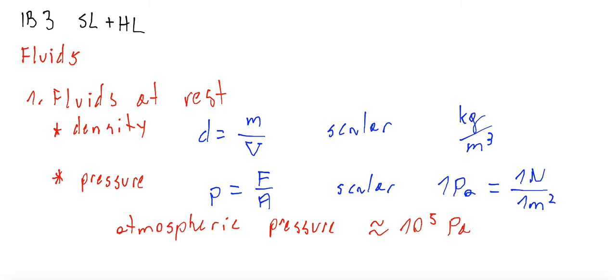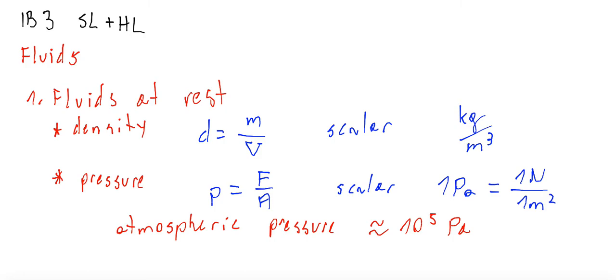Okay, and it's related with existence of the atmosphere. So particles of air are attracted by the Earth gravitational force and then create a pressure on the surface. So at the sea level, normal atmospheric pressure is exactly 101,300 pascals, or 1013 hectopascals, which is around 10 to the power of 5 pascals.